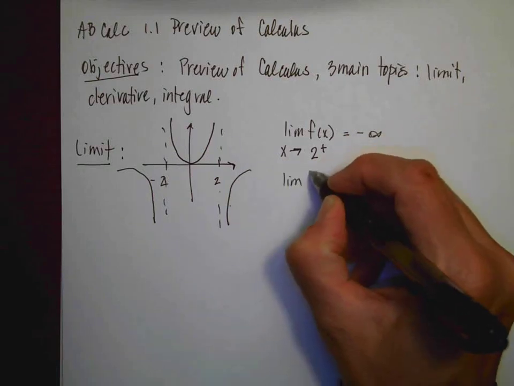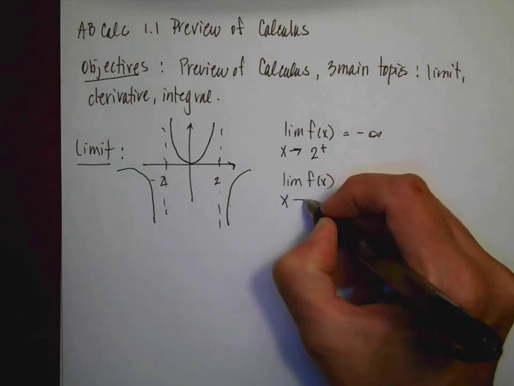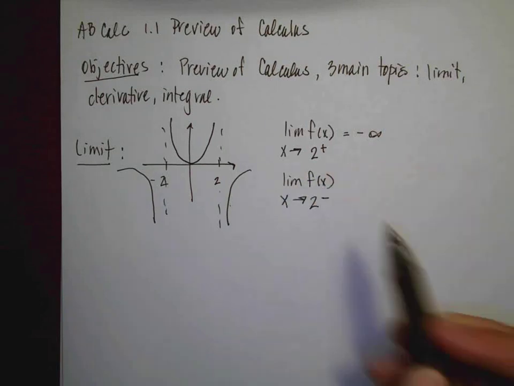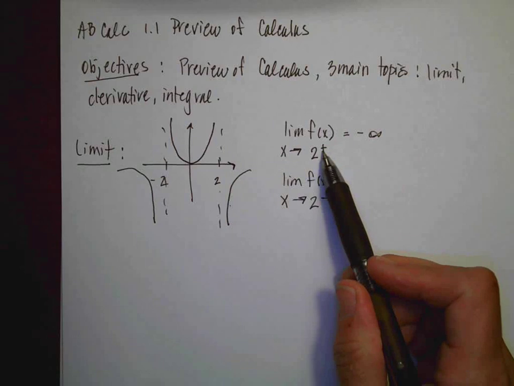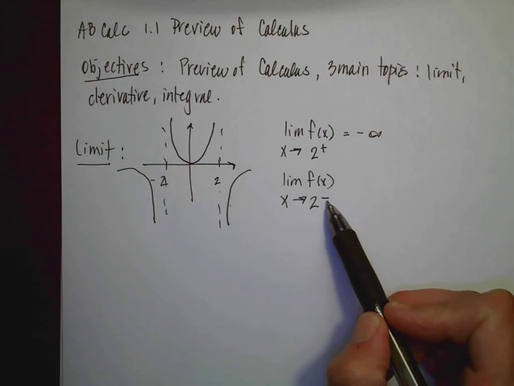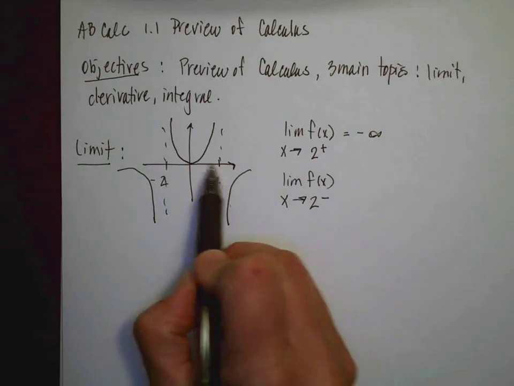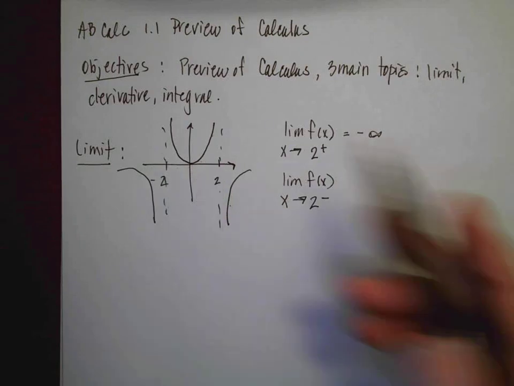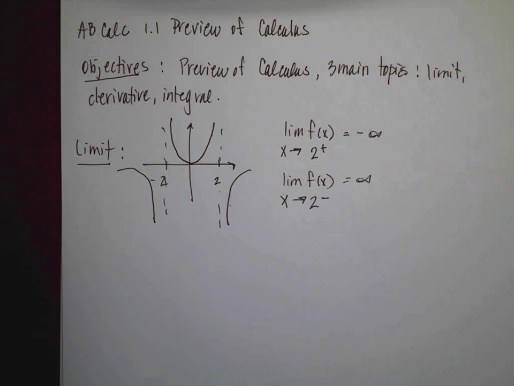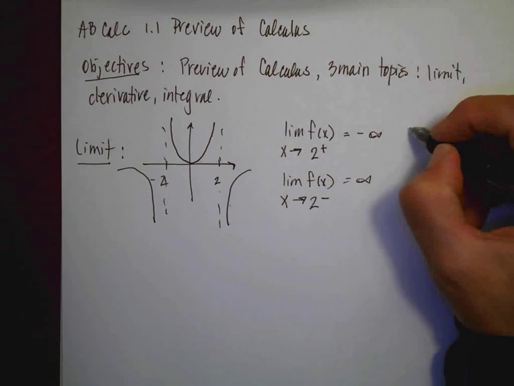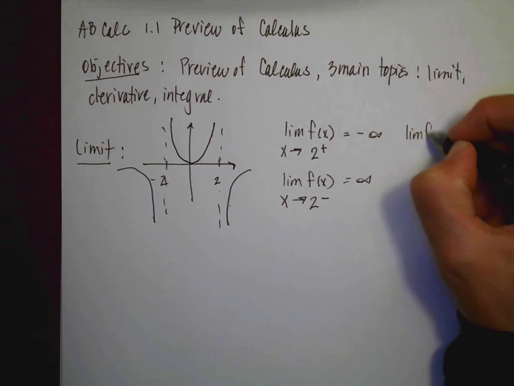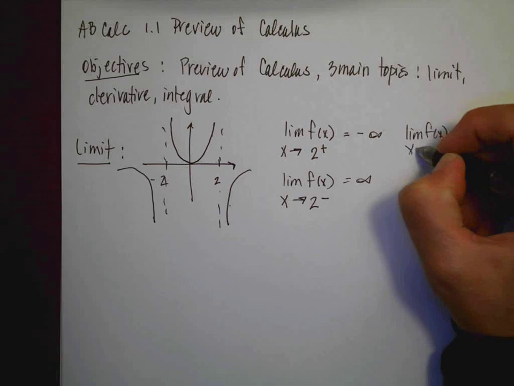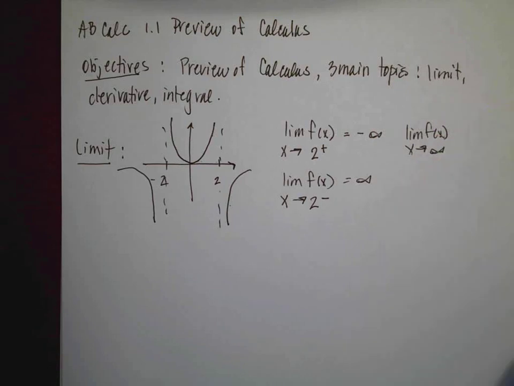So then let's look at what happens to the function as x approaches 2 from the left. Remember, positive always means right, negative always means left. And if I look at this function, as I come in from the left-hand side, the function is approaching positive infinity. Okay? And then let's talk about what happens to the same function as x approaches infinity.